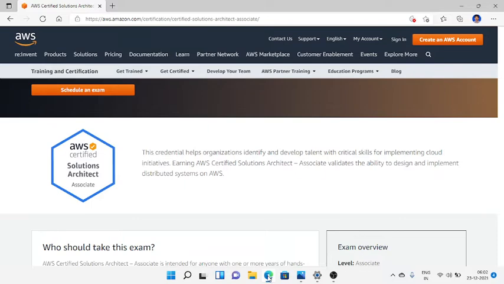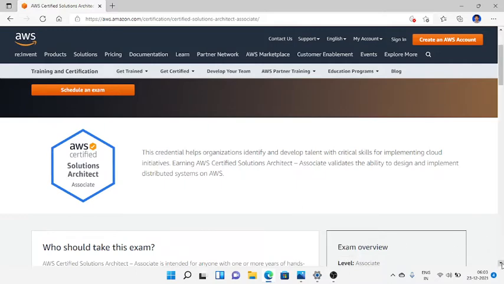Here you can see the credential helps organizations to identify and develop talent with critical skills for implementing cloud initiatives. Earning AWS Solutions Architect Associate validates the ability to design and implement distributed systems on AWS.